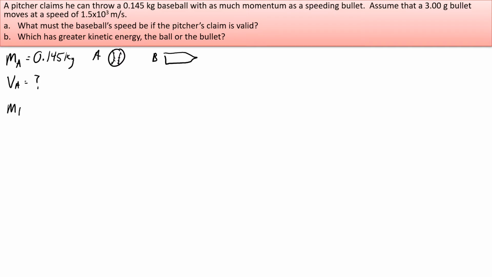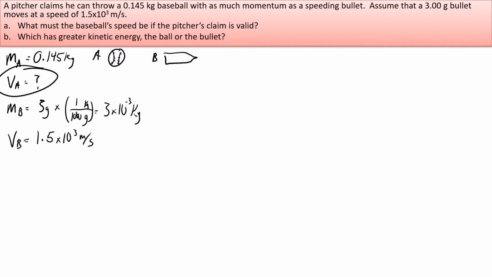The mass of the bullet is equal to 3 grams, which is equal to, we want to multiply by a conversion factor here. 1 kilogram is equal to how many grams? Pause the video, think about it. 1,000 grams. So that's 3 times 10 to the negative 3 kilograms. It's a tiny bullet, but it's moving very fast. It has a muzzle velocity of 1.5 times 10 to the third meters per second.